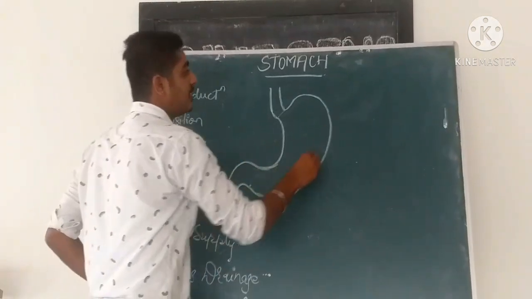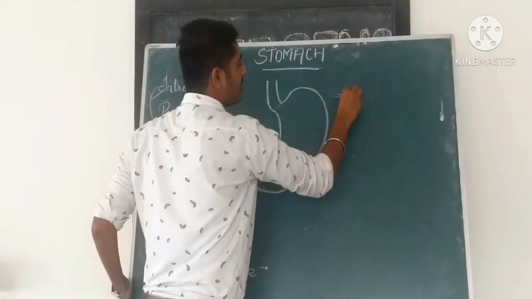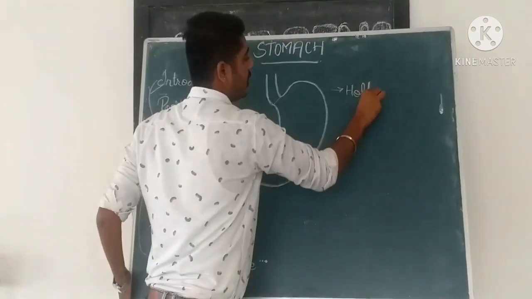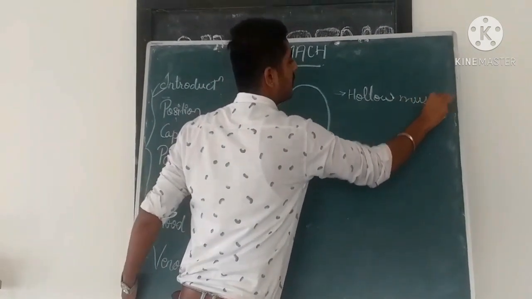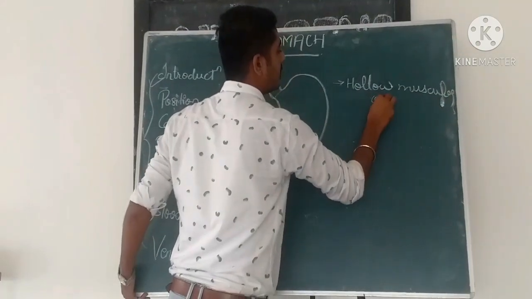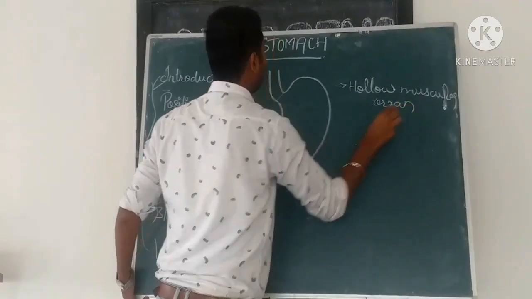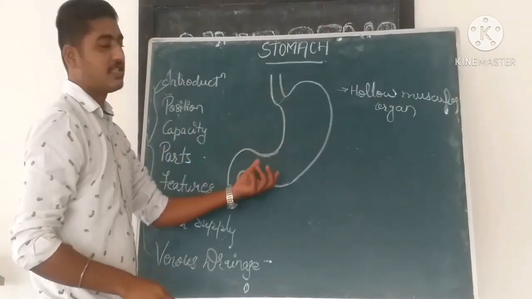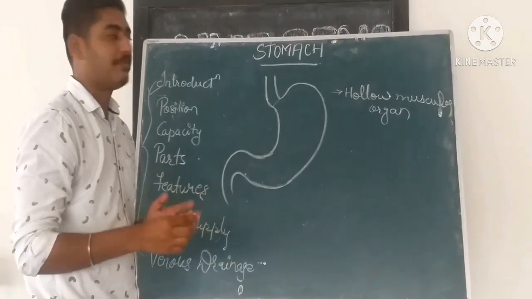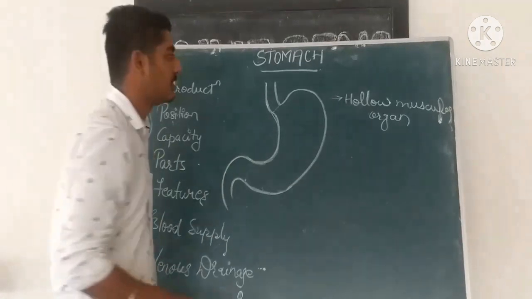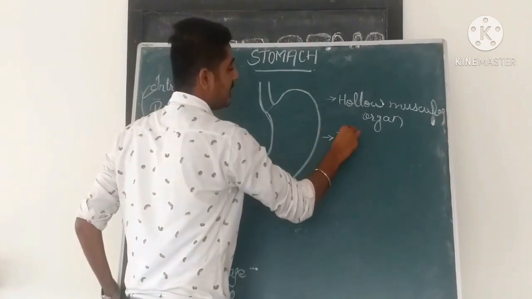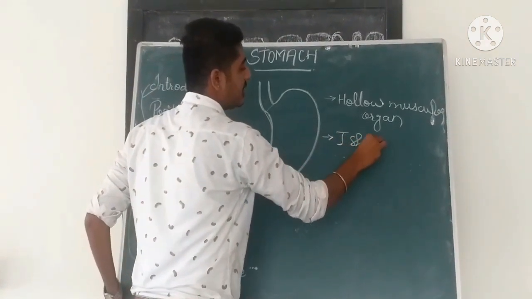So that's why it is a hollow muscular organ. And you can see the structure is like the J alphabet. So we can write it as a J-shaped organ.